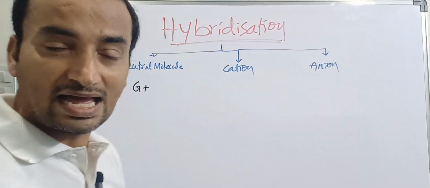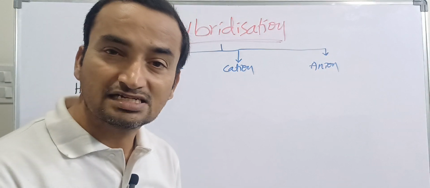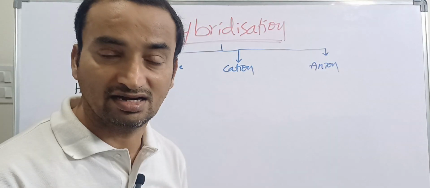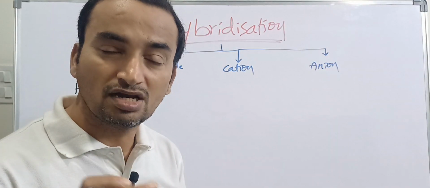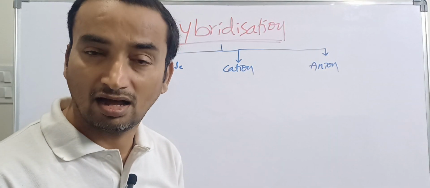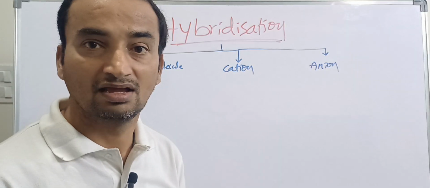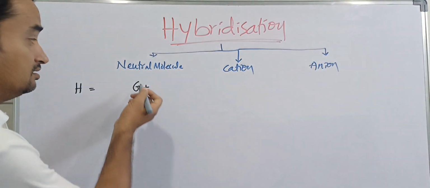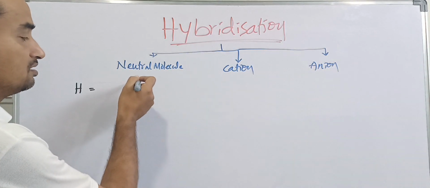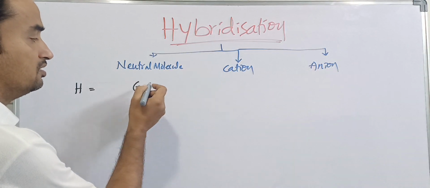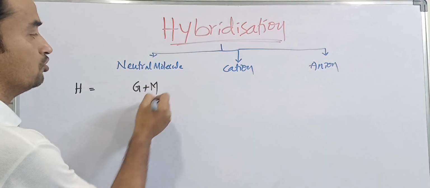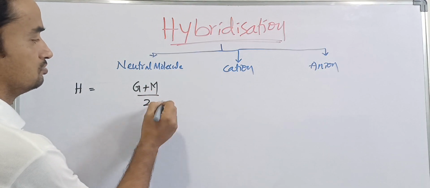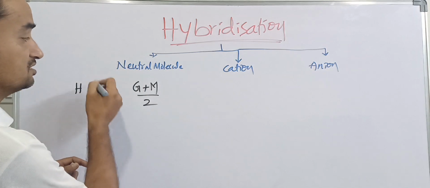Now here, to find out the hybridization, we are going to consider only monovalent atoms, not the bi or trivalent atoms. So only monovalent atoms like hydrogen, all halogens: fluorine, chlorine, bromine, iodine, etc. So here the central atom group number plus number of monovalent atoms divided by 2 will give the hybridization.